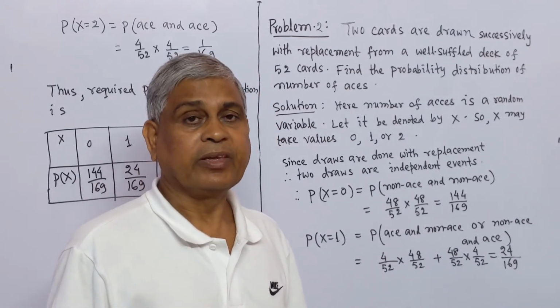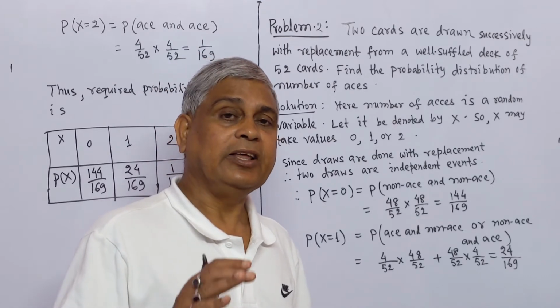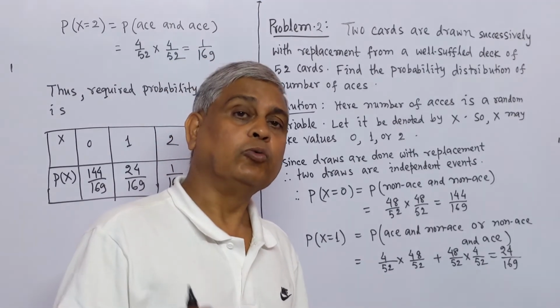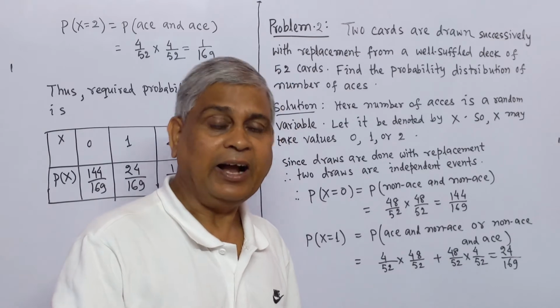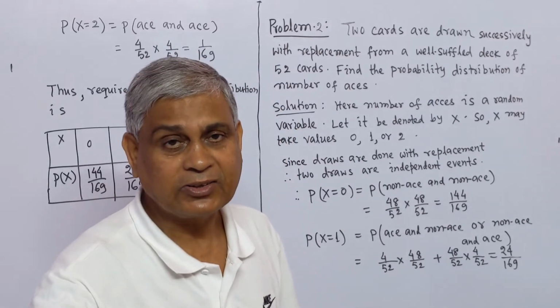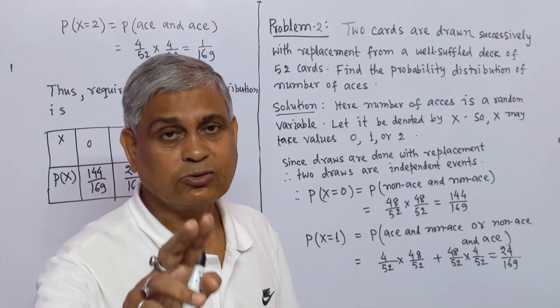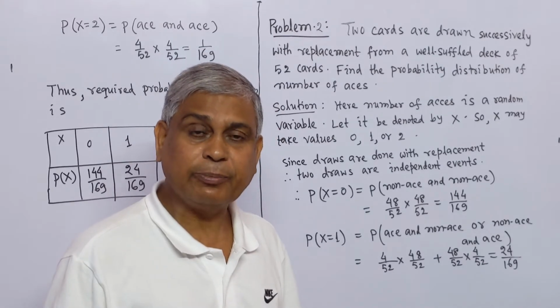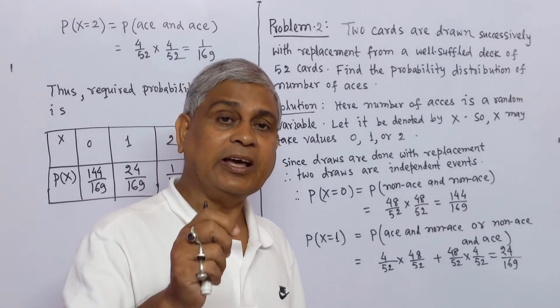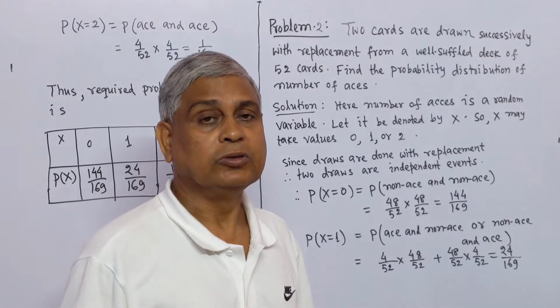Again, if in the first draw we get an S and in the second draw we get an S, that means 2 S's. So the value of the random variable will be 2.